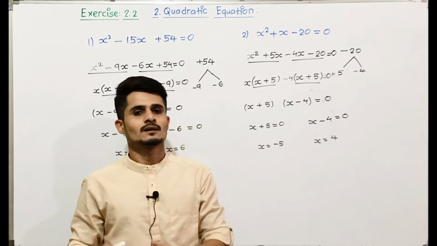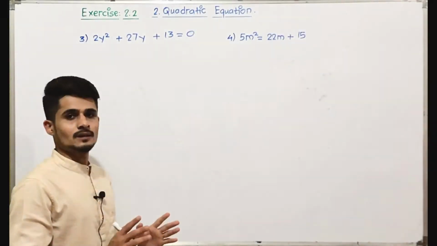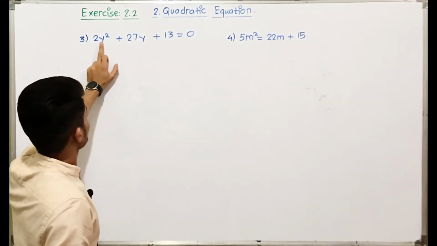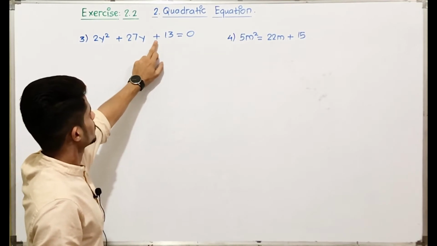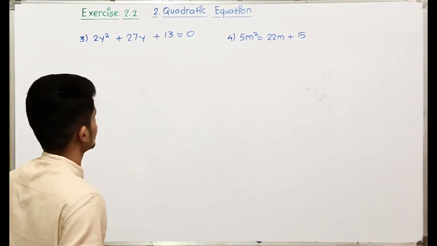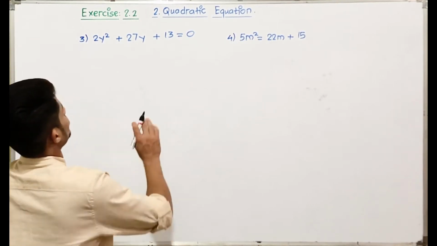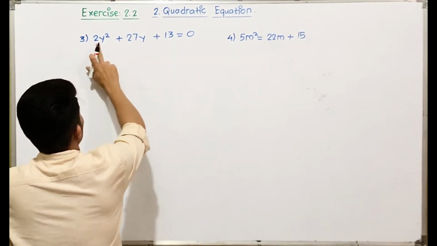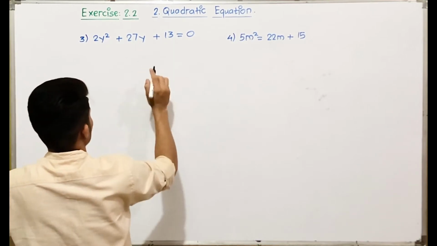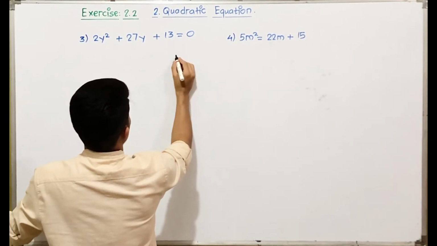Similarly, we'll see the third and fourth sum. Third sum, 2y square plus 27y plus 13 is equal to 0. The equation is in the general form, so firstly we'll multiply coefficient of a with coefficient of c.